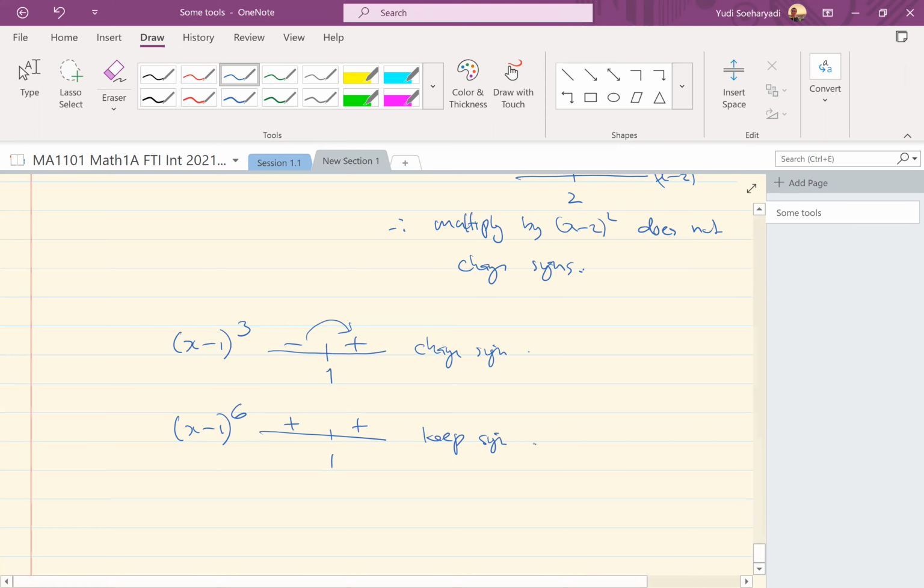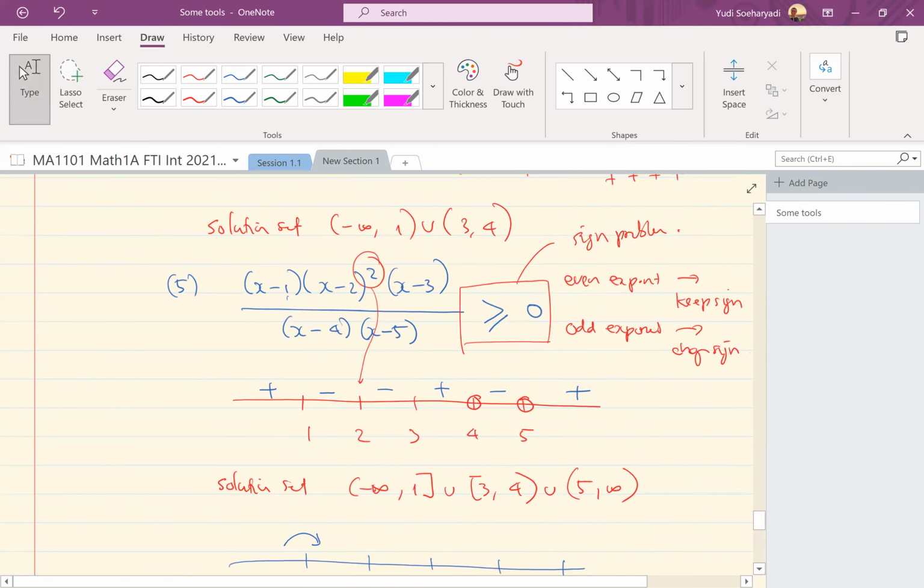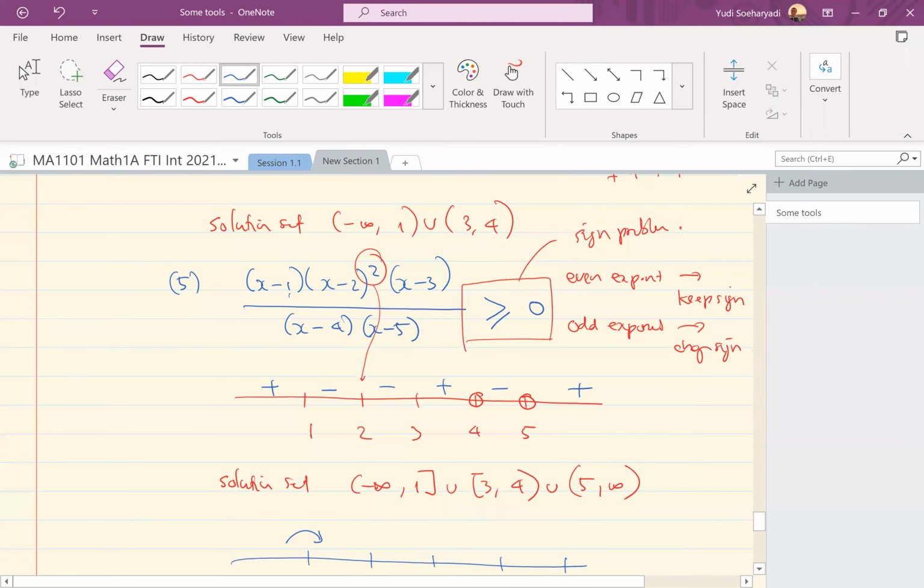Using this strategy, let's go back to this one. That's easy now because you indicate these numbers 1, 2, 3, 4, 5. Then just check one number, 6, for example, because if you plug in 6 or something bigger than 5, then everything is positive.